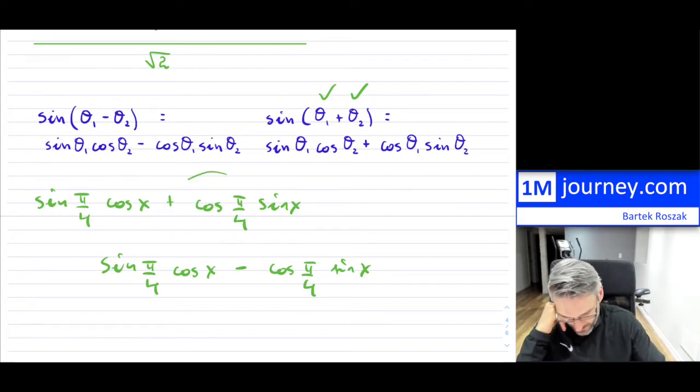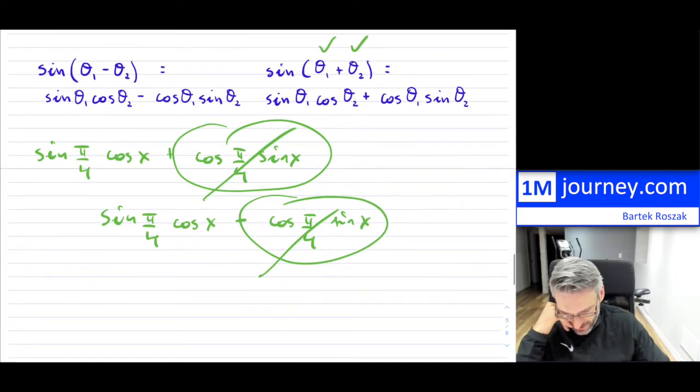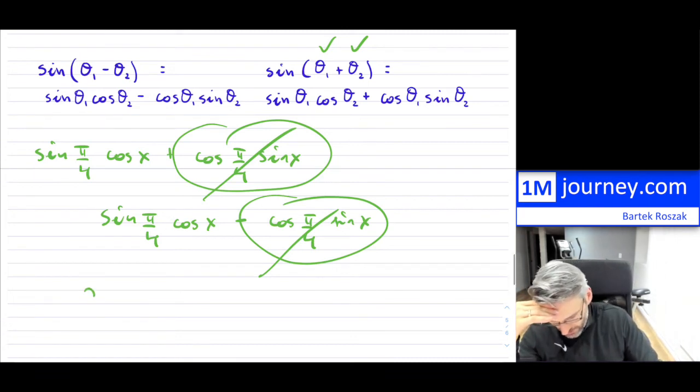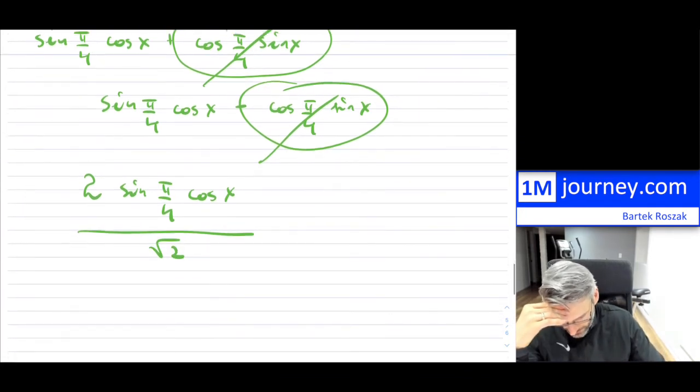Okay, well, this and this will cancel because they're identical and it's a subtraction. So that's gone. So all I have left is sine pi over 4, and notice I have 2 of them. So this is 2 sine pi over 4 cos x, all over that square root of 2. Well, I know what this is.